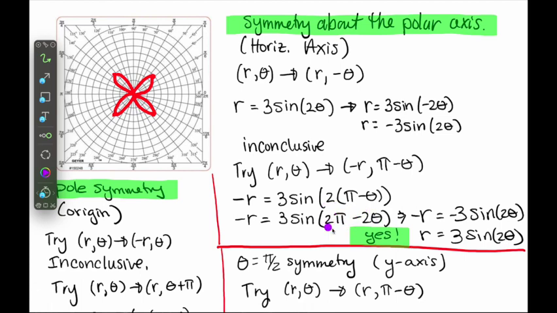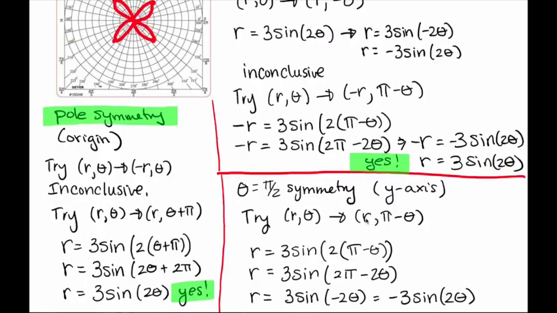I don't need the 2 pi in there because that just means we've gone around a full cycle, so I can take that out. So I have negative 3 is equal to negative 3 sine 2 theta. When I divide both sides by negative 1, I get r is equal to 3 sine 2 theta. Because we got the same equation back, yes, we have symmetry about the polar axis.